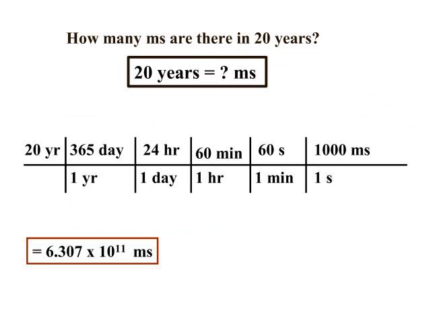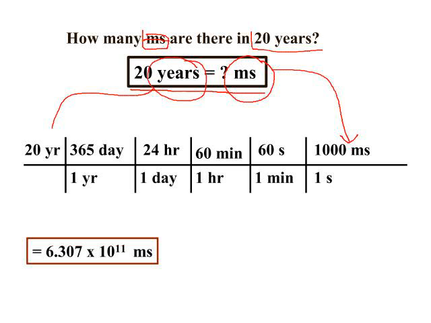One last problem. How many milliseconds in 20 years? The question, simplified, 20 years equals how many milliseconds? We know this is what our final unit needs to be. This is our starting unit. In between our starting unit and our final unit, we have our conversion factors.